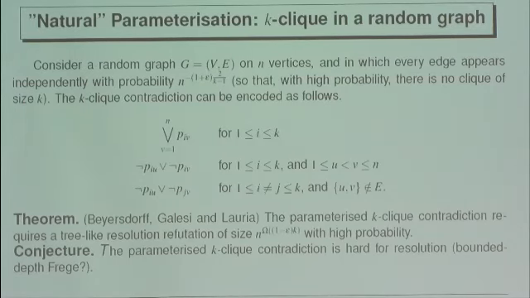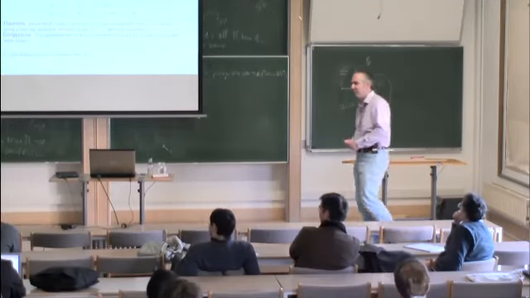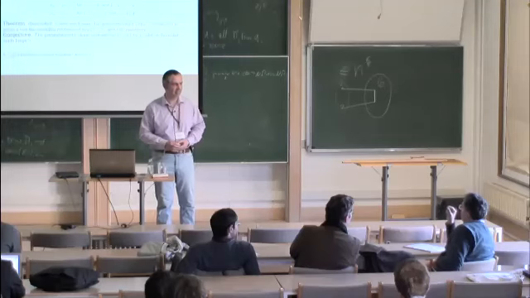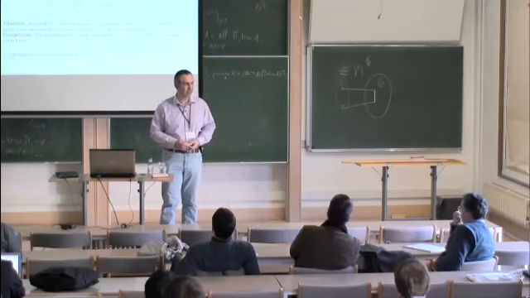So proving lower bounds in proof complexity is a natural step, and an important one, I think. In particular, if one can do it for resolution. Have you got the result for resolution? No. Okay, so it's still an open question. So your conjecture is that it's hard for resolution. Yeah.